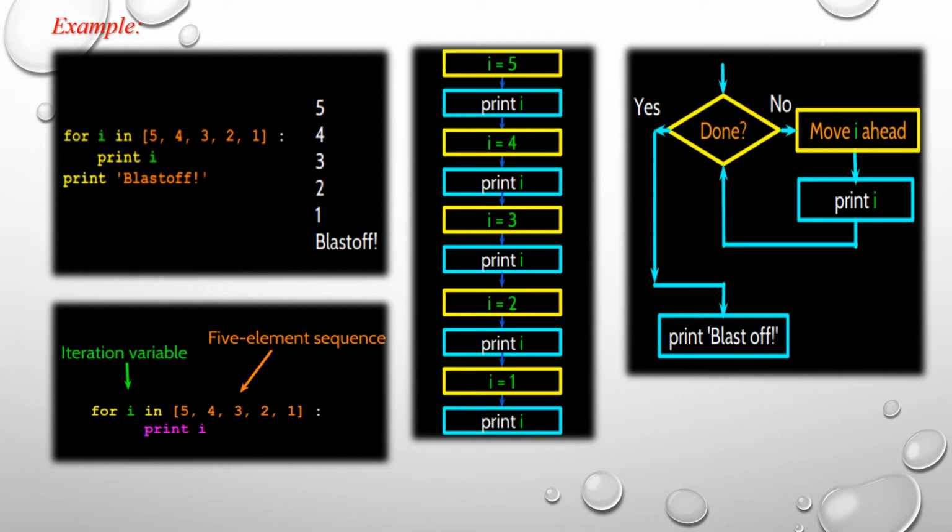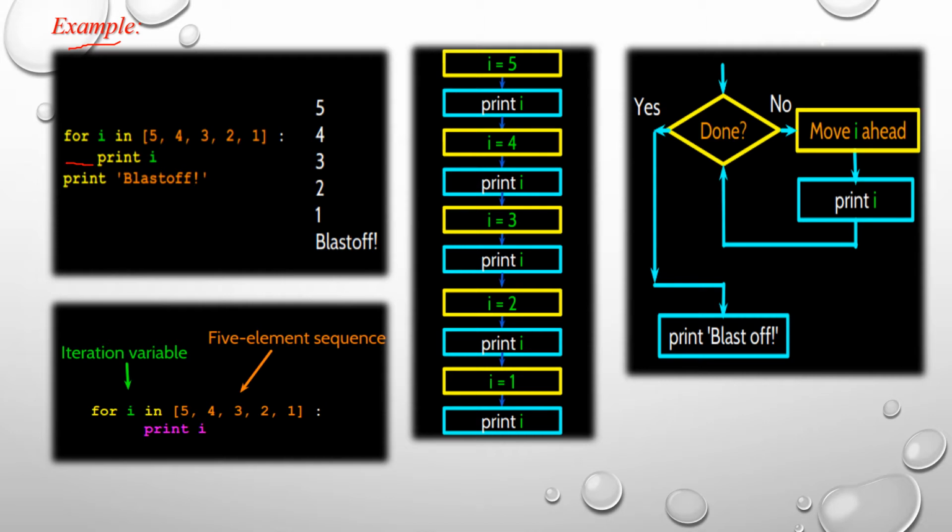Let's consider one example. This is the header of the for loop: for i in, and within square brackets we write 5, 4, 3, 2, 1. This is the sequence, followed by a colon. After that we are going to print i. Here print i belongs to the for loop.